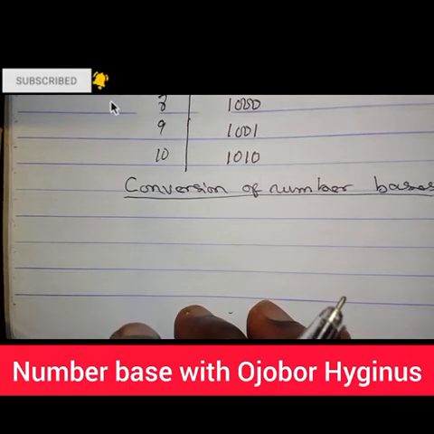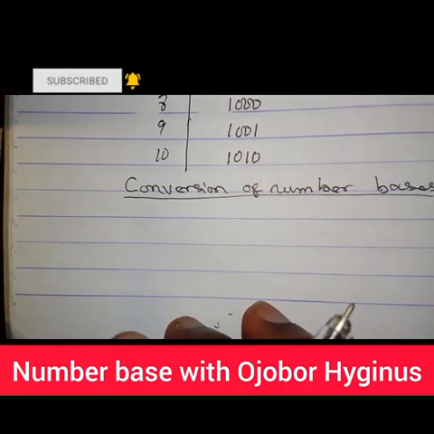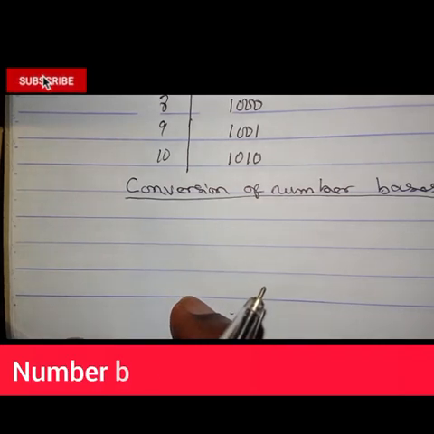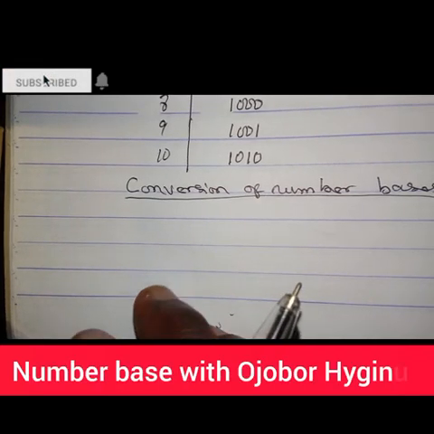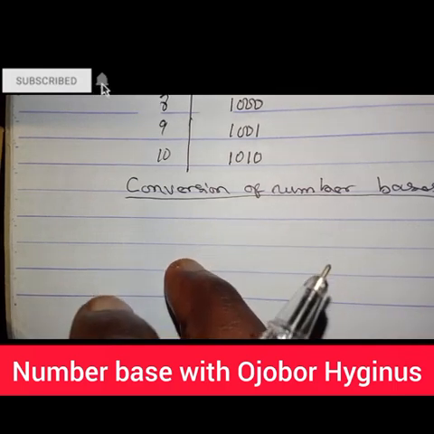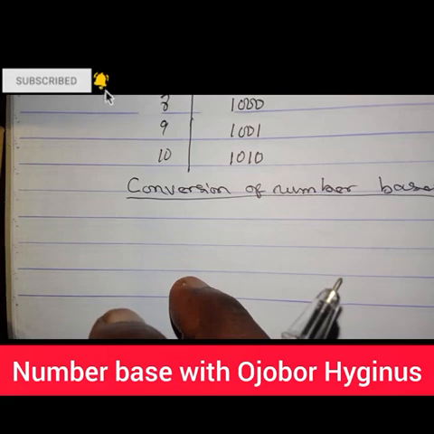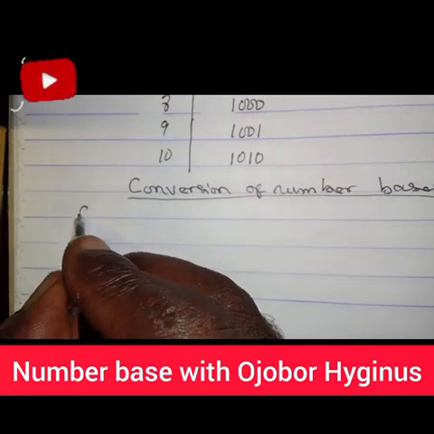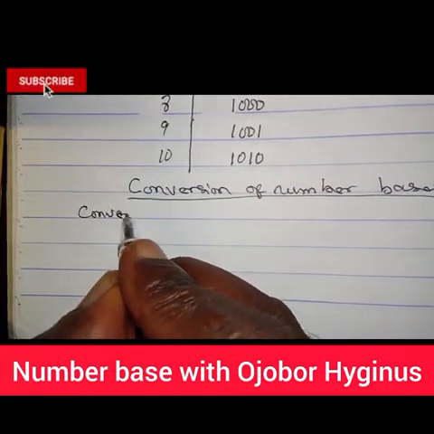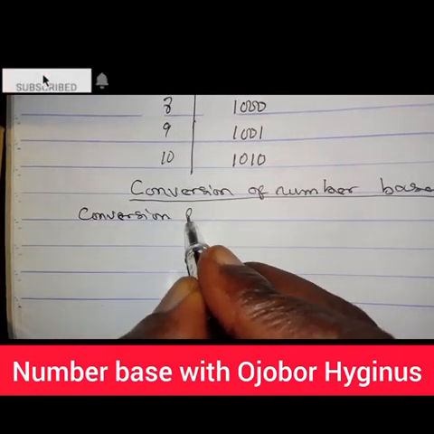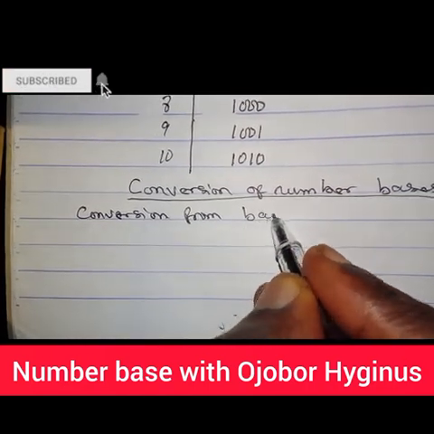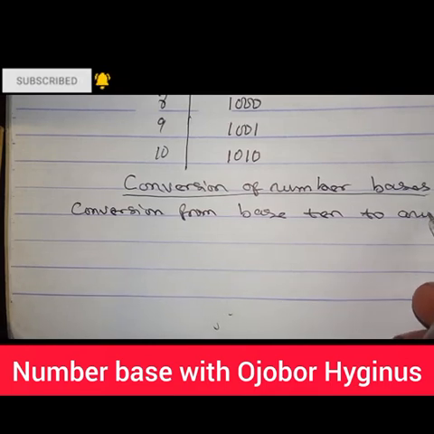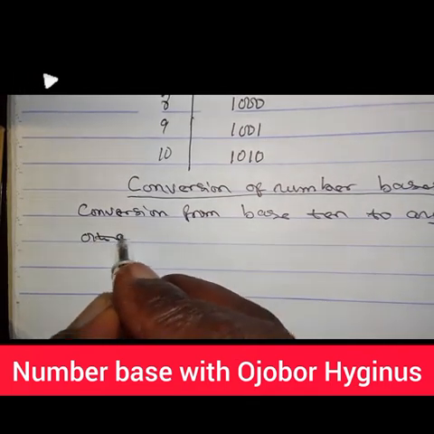But we can also do conversion between bases other than base 10. But base 10 is taken as the standard. That's why it is very easy to convert from other bases to base 10, or from base 10 to other bases. So we're going to look at it gradually, starting with conversion from base 10 to any other base.